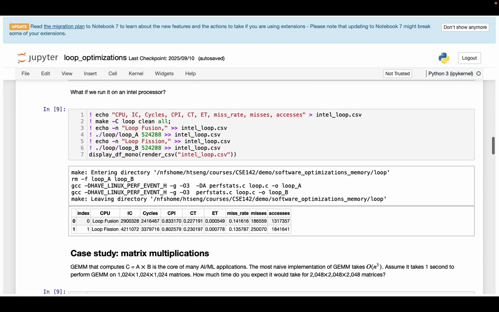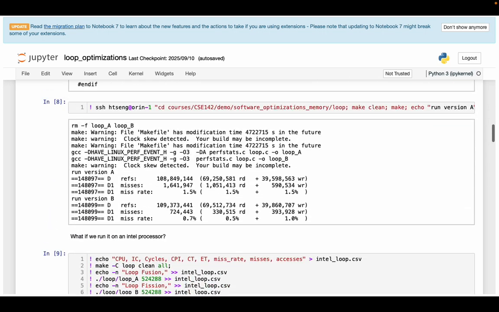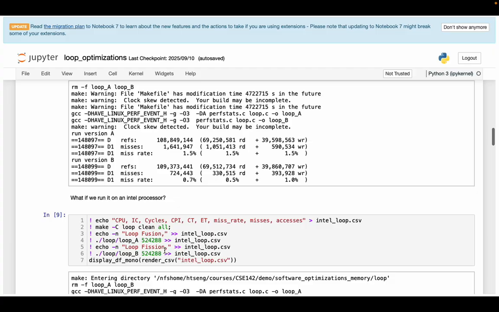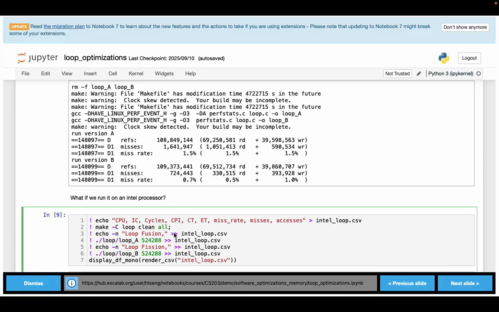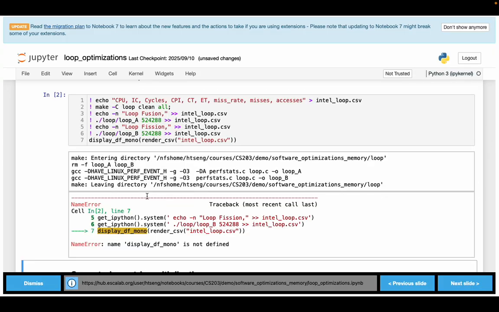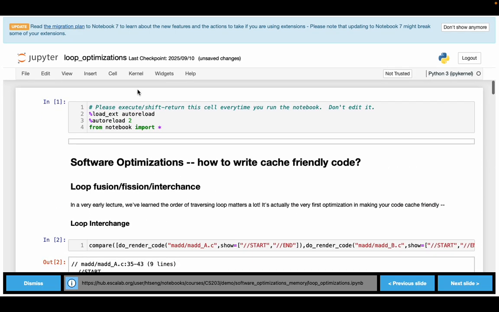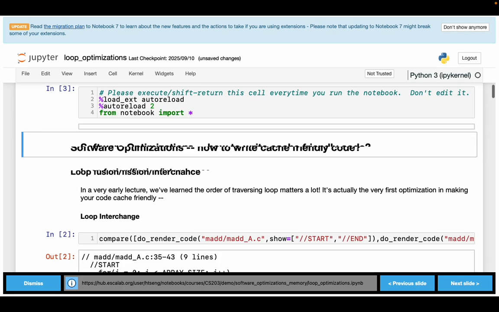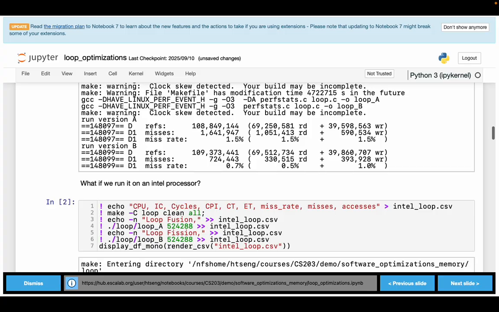So again, the same pieces of code, but for Intel processors, we have performance counters that would help. So why don't we just recompile these pieces of code and see how they perform on Intel processors?